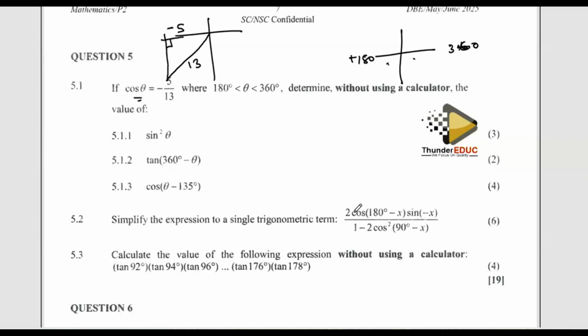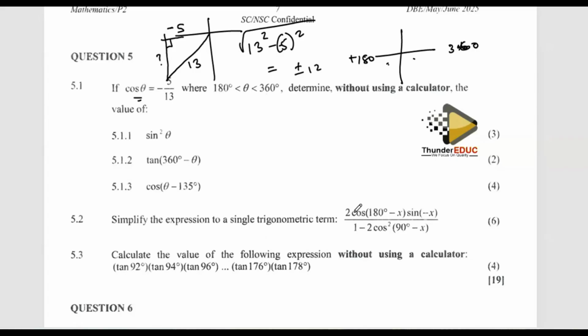Then I need to find my missing side using the theorem of Pythagoras. So 13 squared minus 5 squared, under square root. So when I do that, what do we end up with? So that's going to give us a plus minus 12. But since the side is below the y-axis, it's going to be a negative 12.